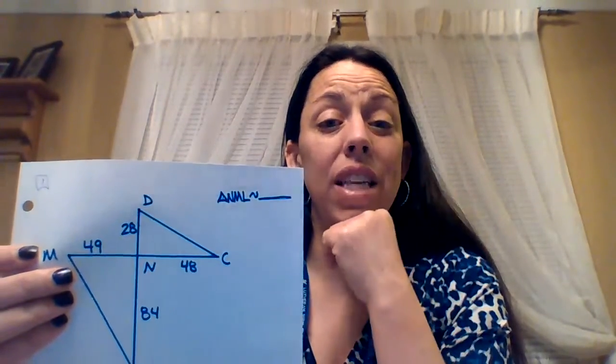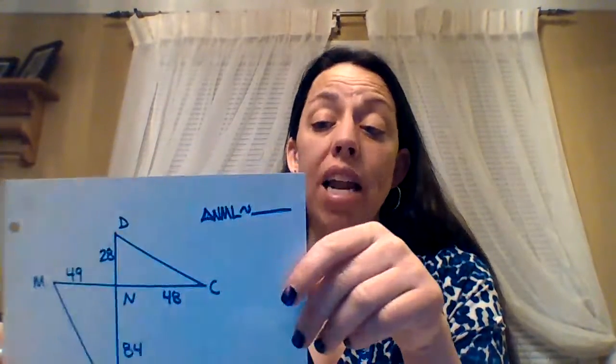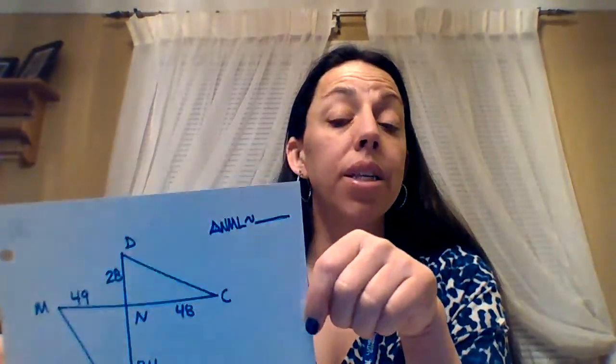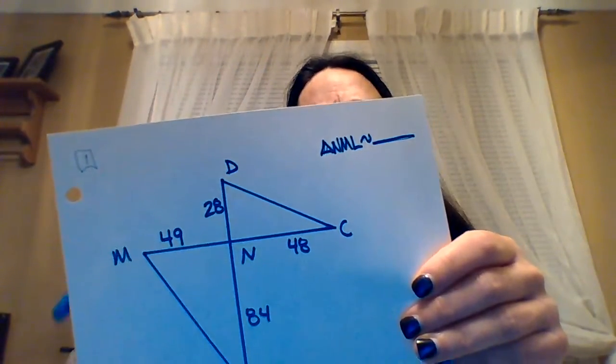Do not fill in a second triangle. You only fill in the second triangle if you have decided that the 2 triangles are similar. So let's look here. Triangle NML. Okay, NML. So if I look at that one, sorry, my pen's not quite working this morning.